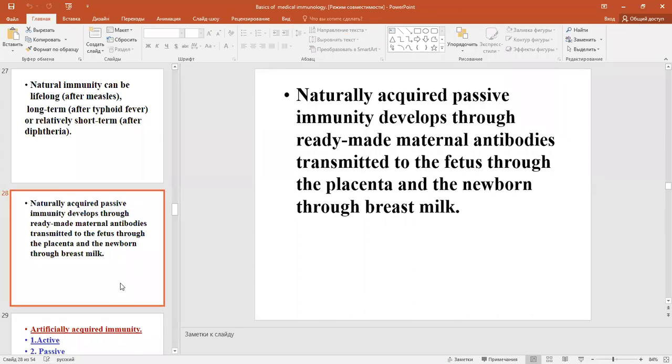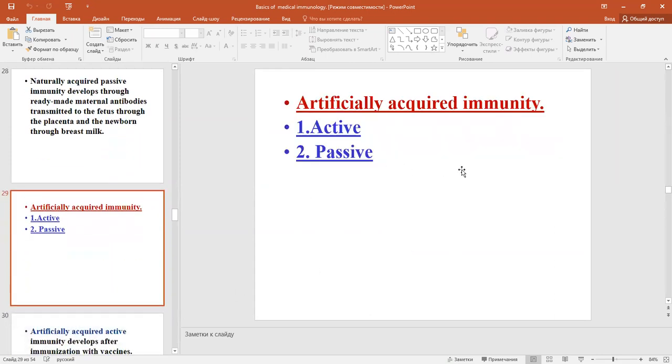So there may be natural infection when the immune system is activated, and there may be passive immunity when the newborn gets ready antibodies. What about artificially acquired immunity? Artificially acquired immunity, again, may be active and may be passive.